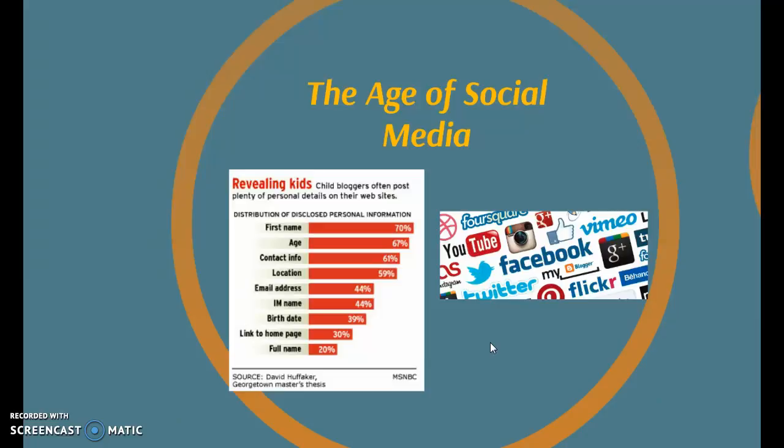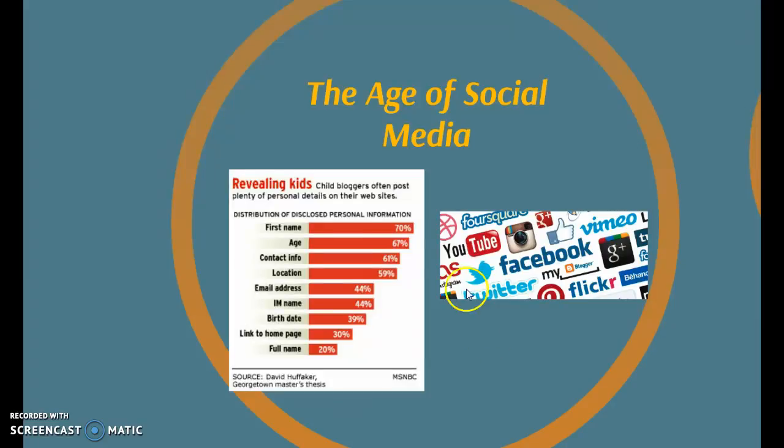So this chart shows what child bloggers post on their social media accounts. I think it's very important that you talk to your children about what is okay to post and what is not okay.